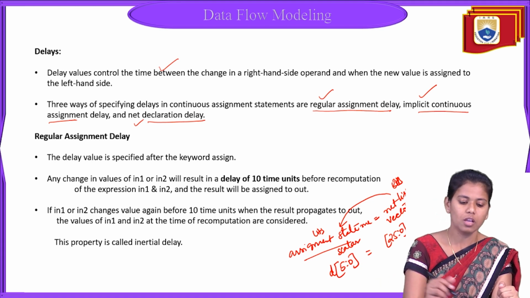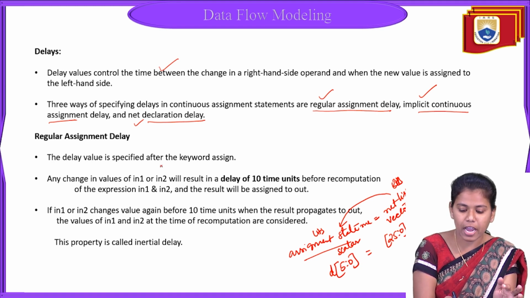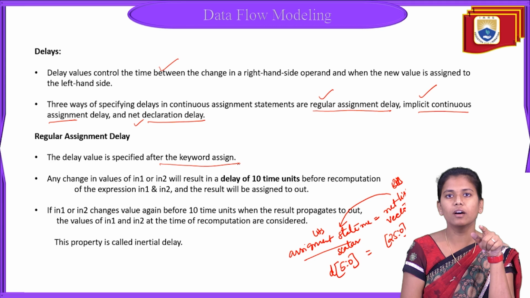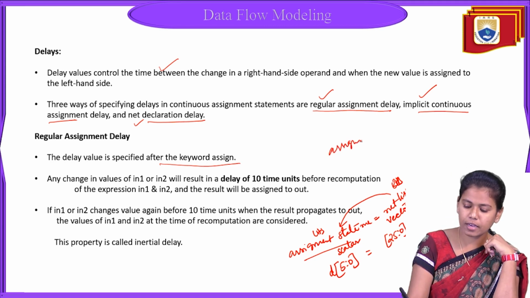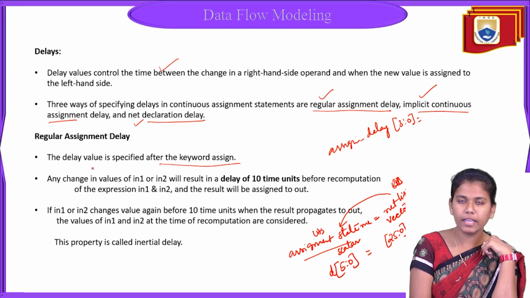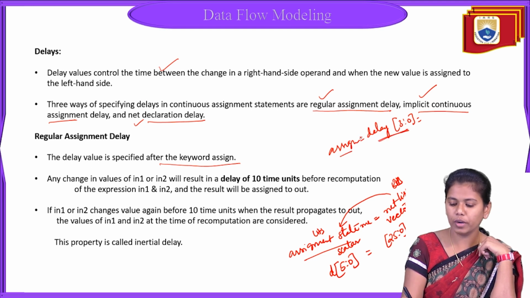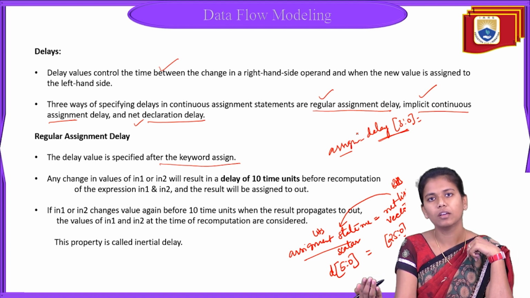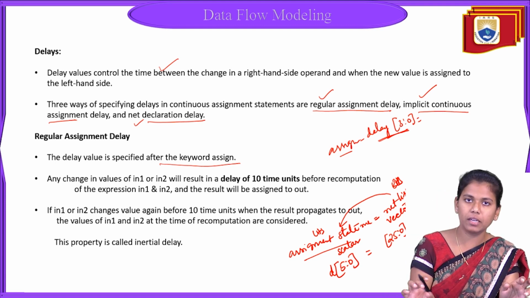The regular assignment delay is the delay specified after the keyword assign. So here, after the keyword assign, we see the delay 3:0. The delay value is specified only after the keyword assign.